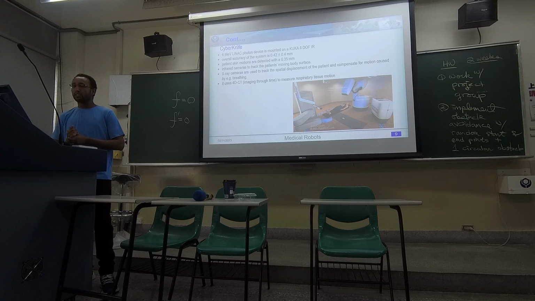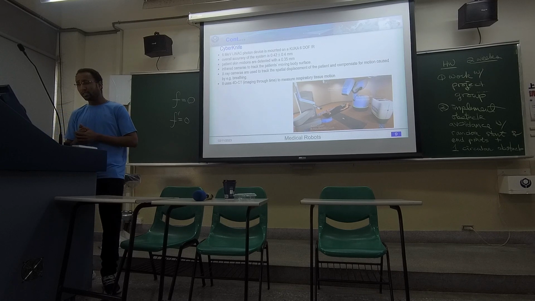A 6 MV linear photon device is mounted on a KUKA 6 degree of freedom industrial robot. The overall accuracy of the system is 0.42 plus or minus 0.4 millimeters, and the patient's skin motion is detected with 0.35 millimeter accuracy.